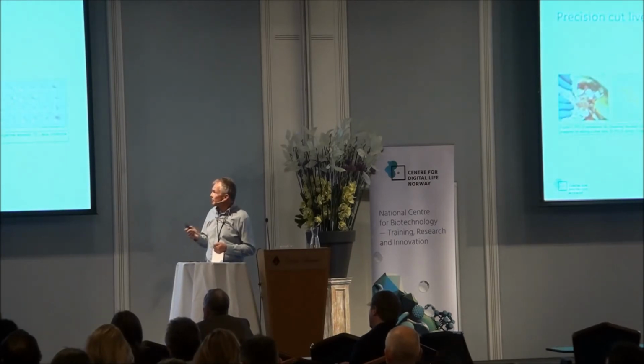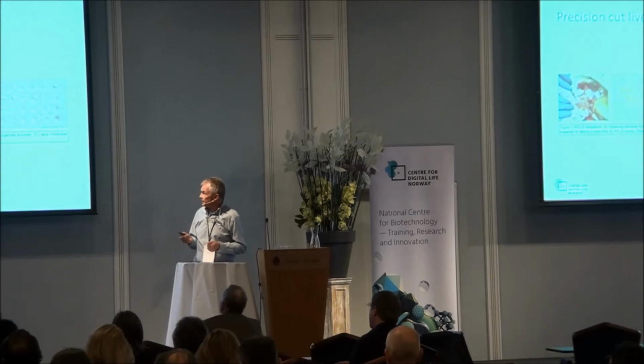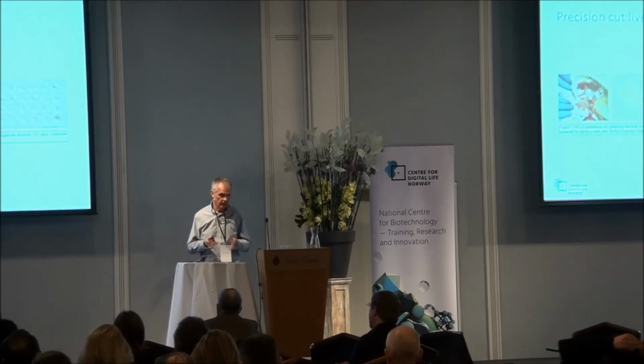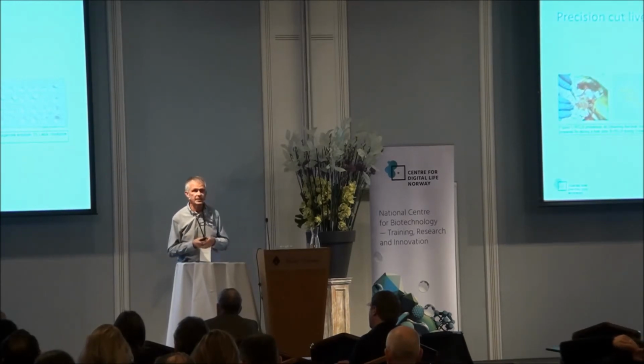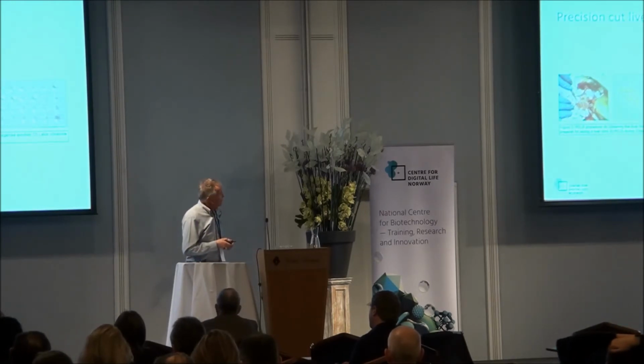So an example from these precision cut liver slices that we also use, similar to Jon Olav's talk on the salmon. With the cod, the problem is that the cod liver is such a fatty organ. It's at least 50% fat. So isolating primary hepatocytes has proven to be very, very difficult. They tend to be destroyed through the process, and we lose almost all of the cells. And so as an alternative, we have developed this precision-cut liver slice system.